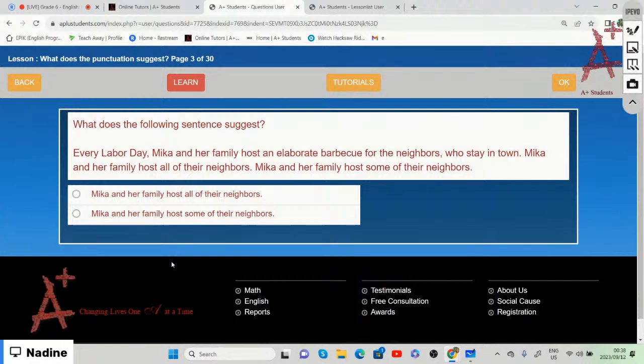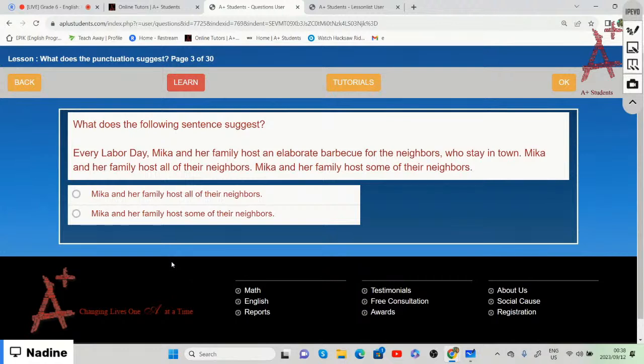If we look at this sentence, what do you think it suggests? Does the sentence suggest that Mika and her family host all of their neighbors, or that they host some of the neighbors?